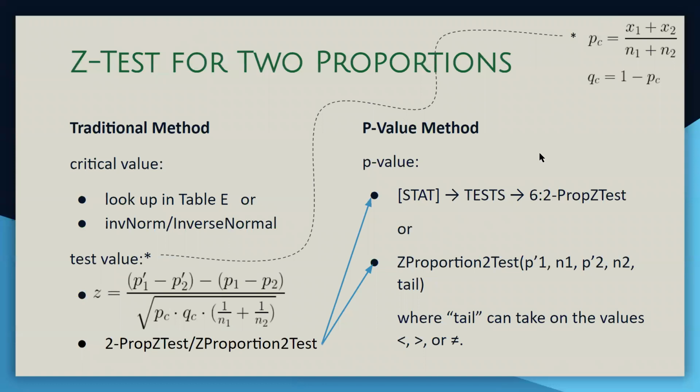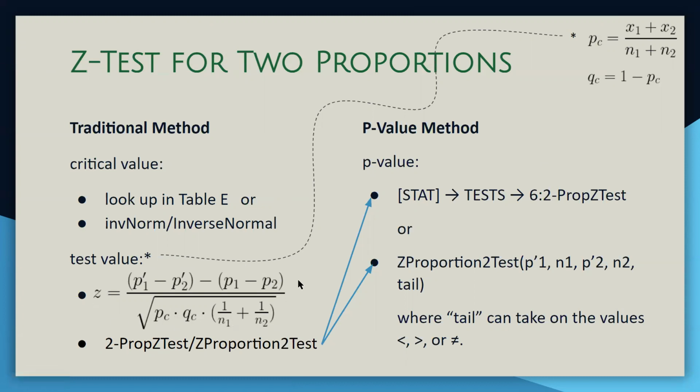So if we're looking at the traditional method, just like all other z-tests, we are looking up our value in table E or using inverse norm / inverse normal. If you're calculating the test value by hand, we have a similar formula to the test values for the other tests for 2 parameters.